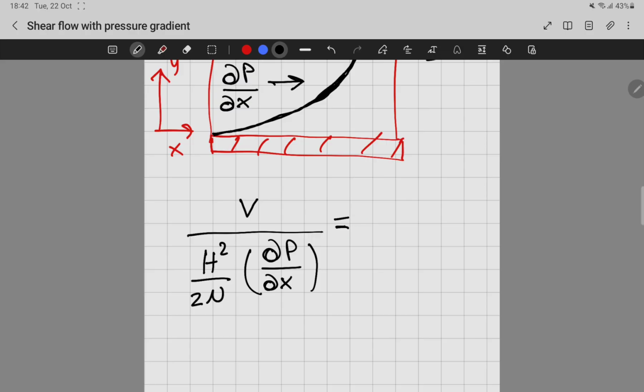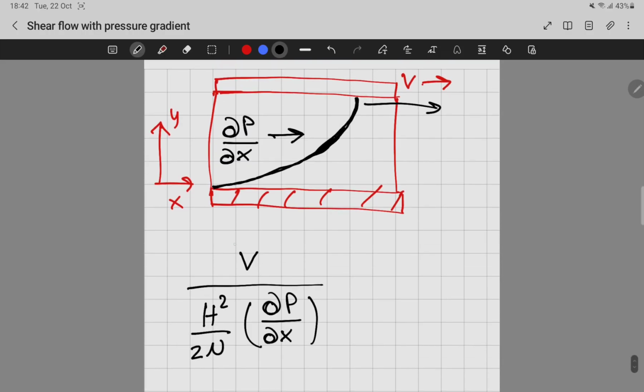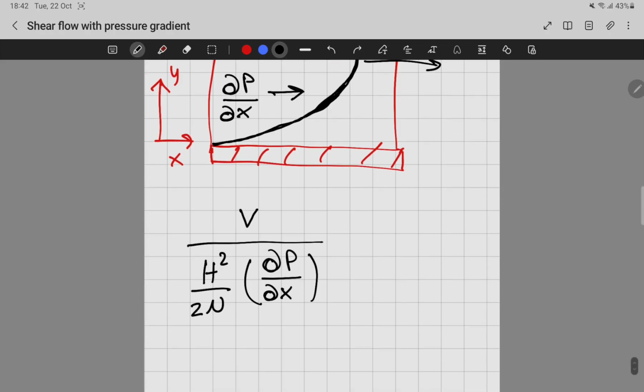Basically we are comparing two characteristic velocities: the velocity caused by the movement of the top plate, which is the one at the top, and at the bottom the characteristic velocity due to the pump, due to the force pushing the fluid in the x direction from our mechanical device.